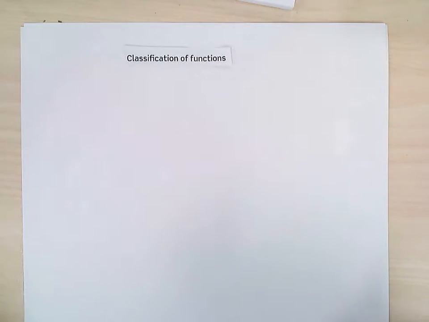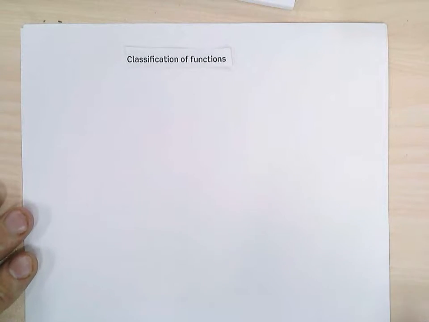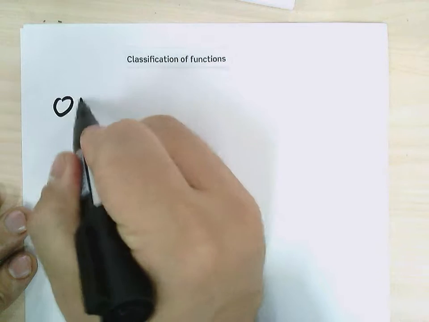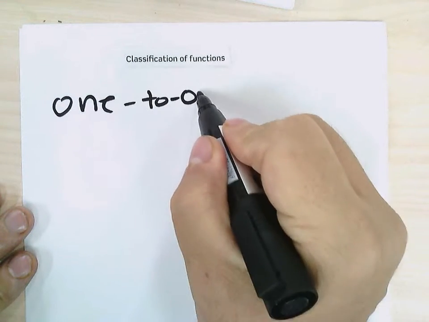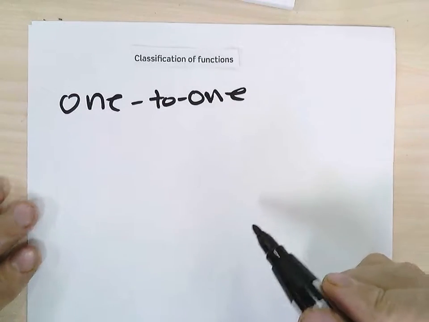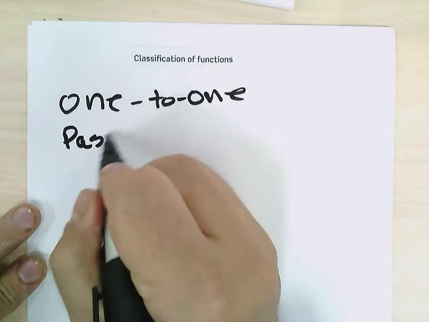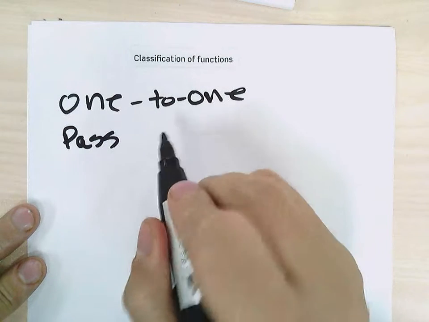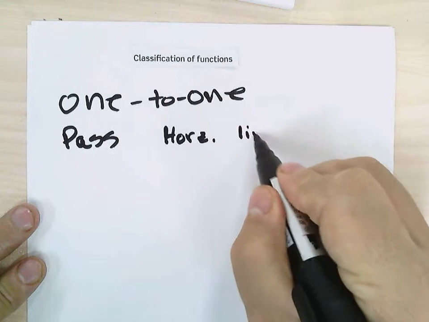Hello, we're going to talk about some different classifications of functions. And the first classification we're going to talk about is one-to-one. Now, if something is one-to-one, that's something that passes the horizontal line test.